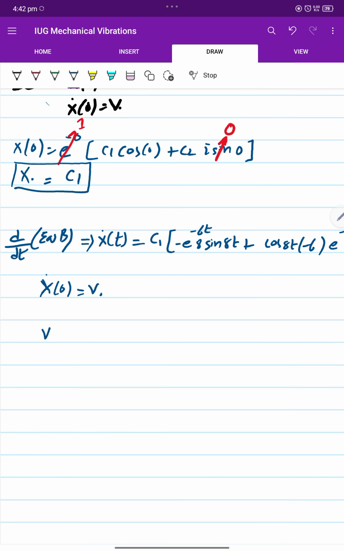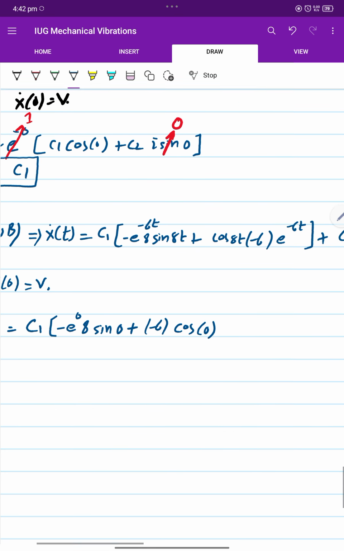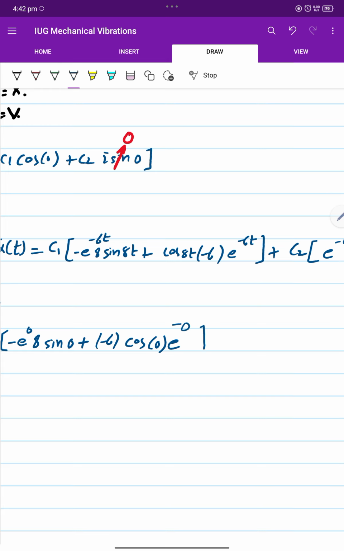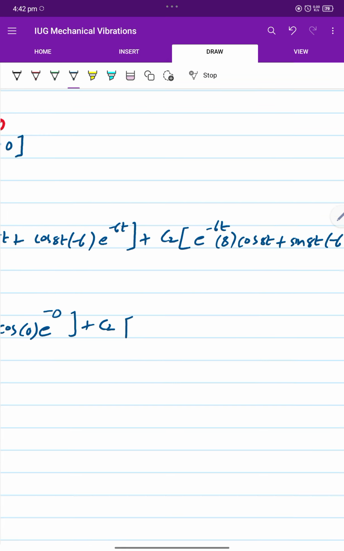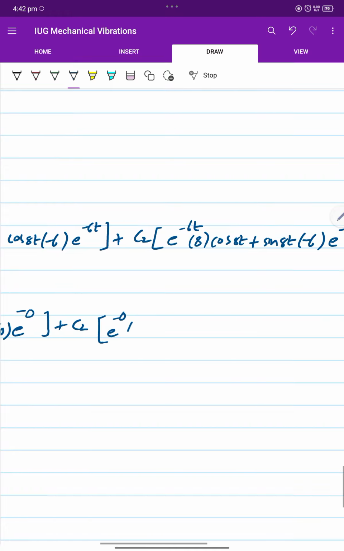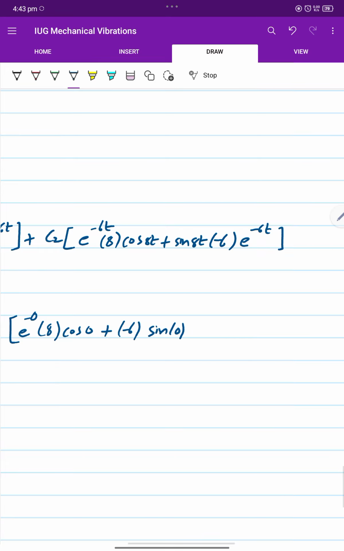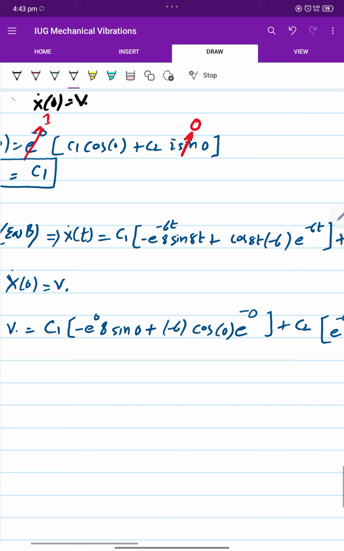So just substitute: v naught equals c1 times e exponent 0, 8 into sine of 0, plus minus 6 into cosine of 0 into e exponent 0, plus c2 e exponent 0 into 8 cosine of 8 into t is 0, plus minus 6 into sine of 0 e exponent minus 6 into 0. I'm just maintaining the sign so as not to confuse everything.